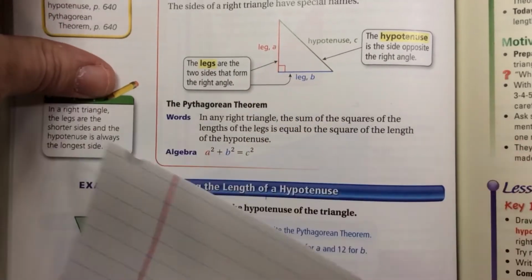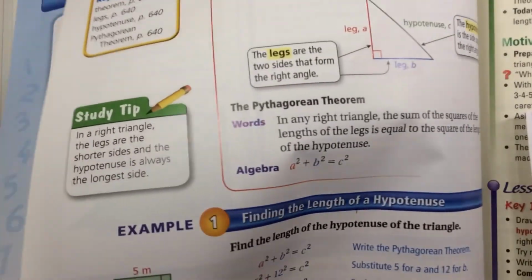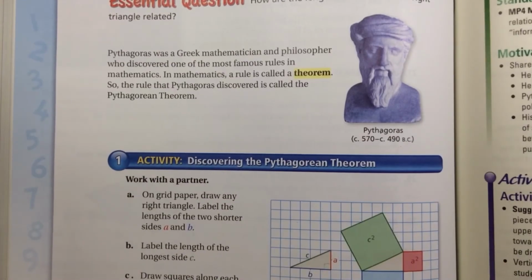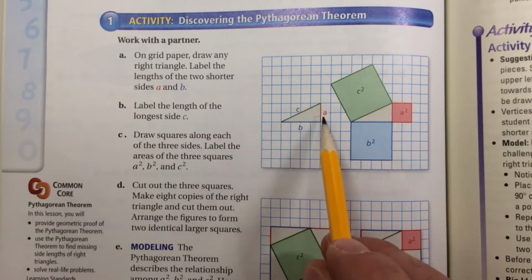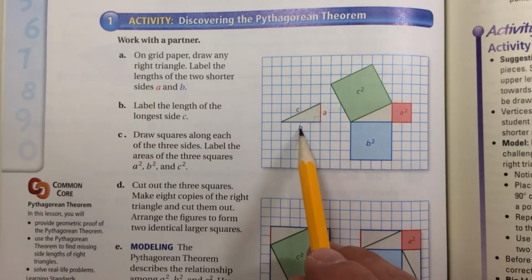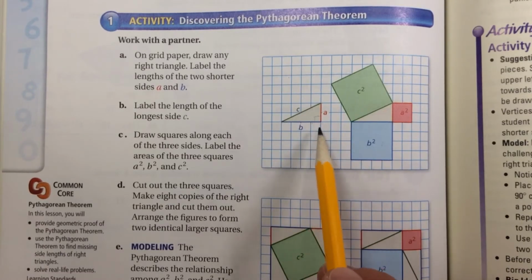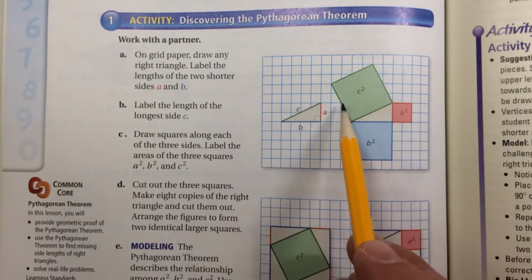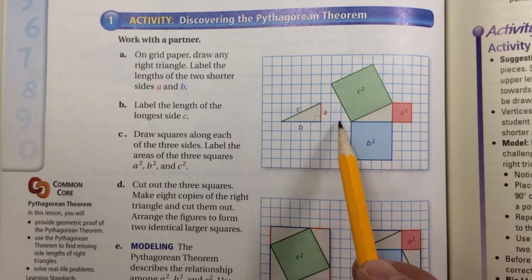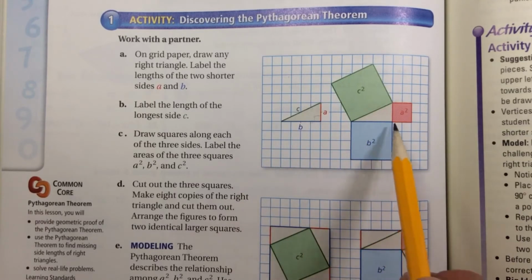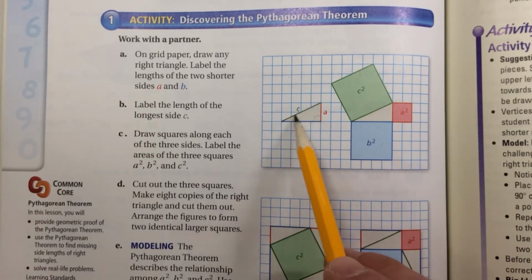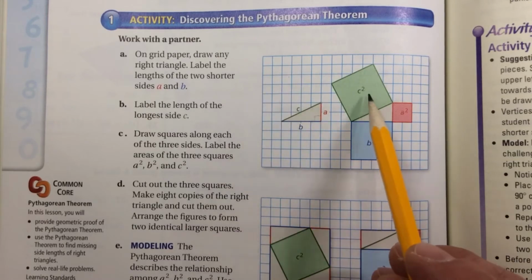And I really like this graphic that goes along with it right down here. See, they take this triangle, and instead of just saying a squared plus b squared equals c squared, they show it this way. If you take this length and you make a square out of it, and you take this length and you make a square out of it, and then you take this length and you make a square out of it.